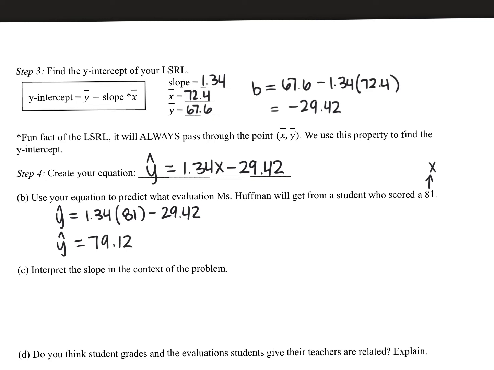Okay. Next, we want to interpret the slope in the context of the problem. Remember, slope is the change in y over the change in x.